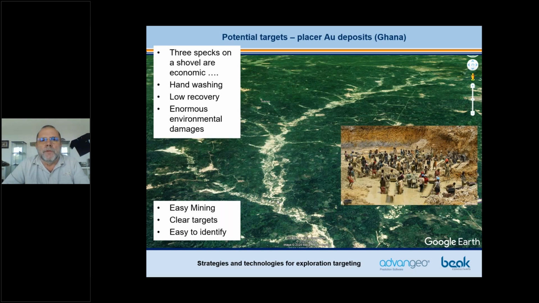By very simple technologies mostly. The indication whether it's economic or not is a rule saying 3 gold specks on a shovel show an economic grade. So here we have environmental damages, enormous environmental damages, but the mining is easy. The targets are clear valleys and they are easy to identify.